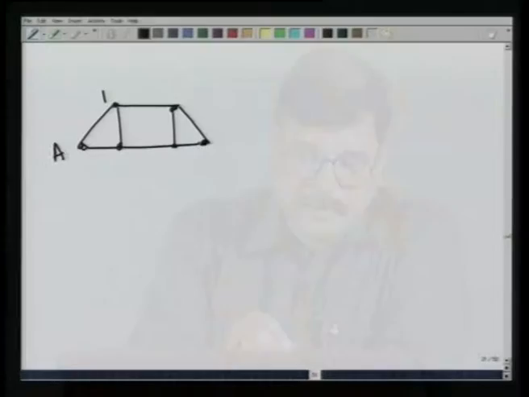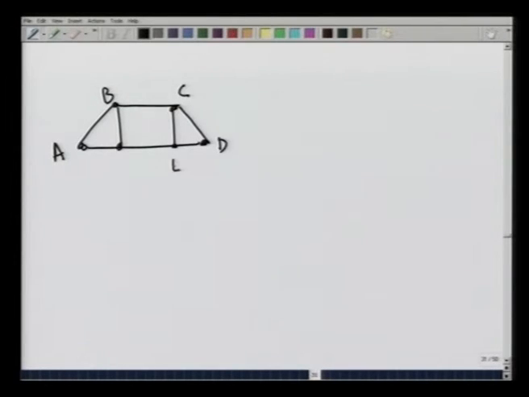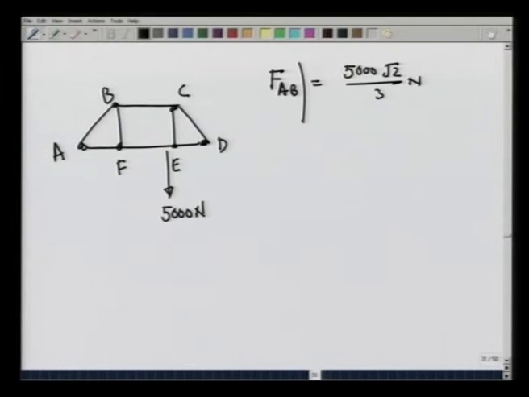All the forces that we have calculated are, for A, B, C, D, E, F, when this truss is loaded with a 5,000 Newton load at point E: FAB, which came out to be 5,000 root 2 over 3 newtons, and this was compressive.